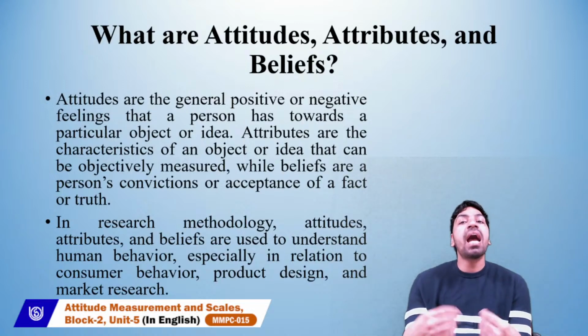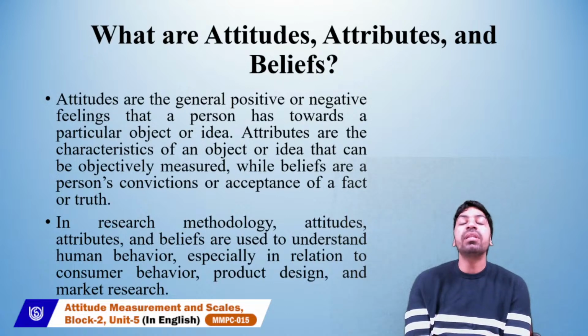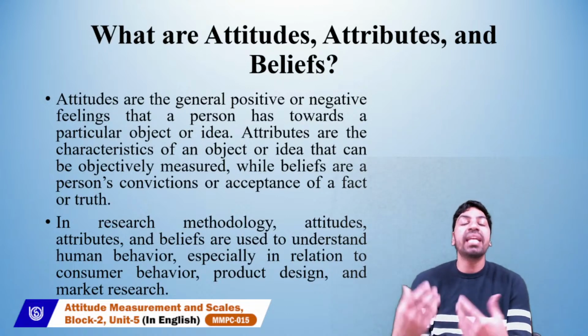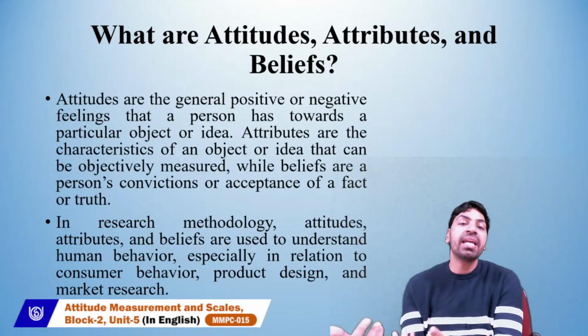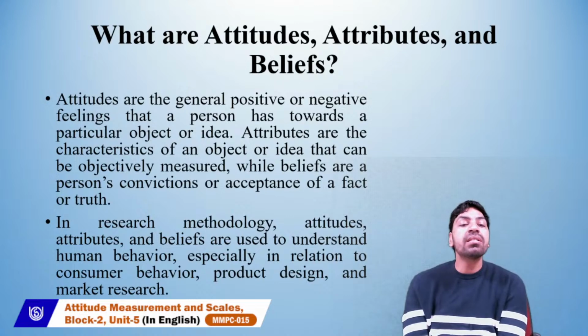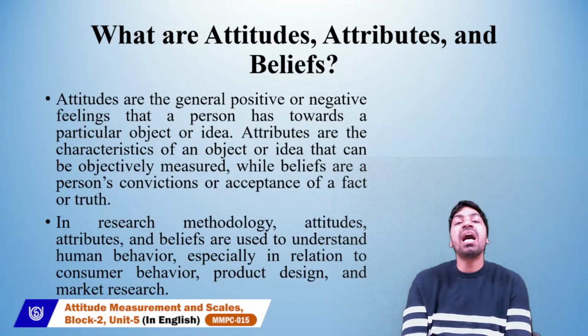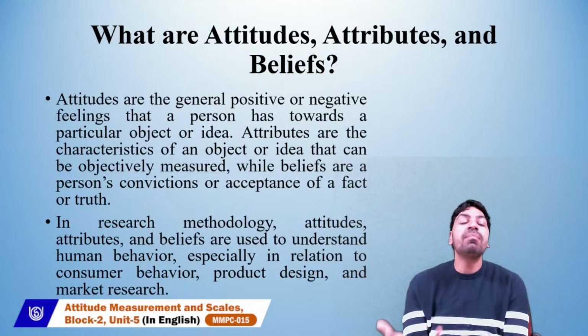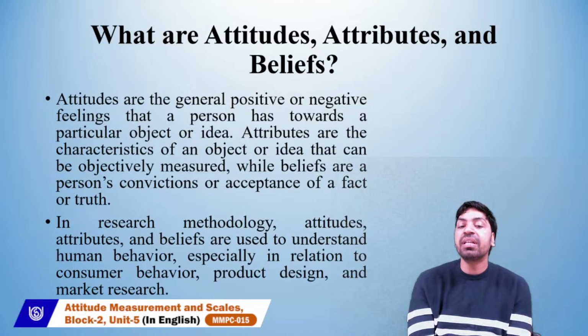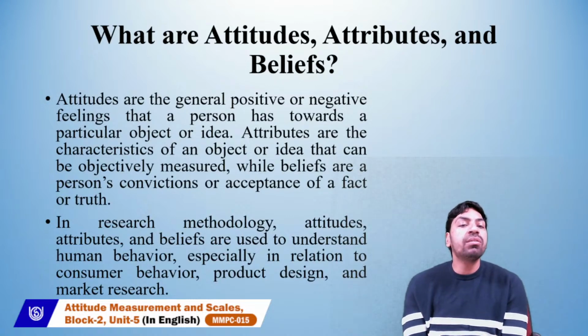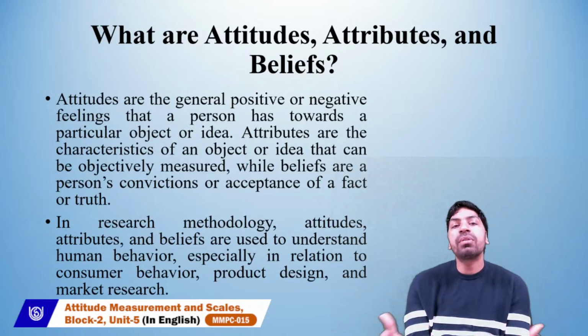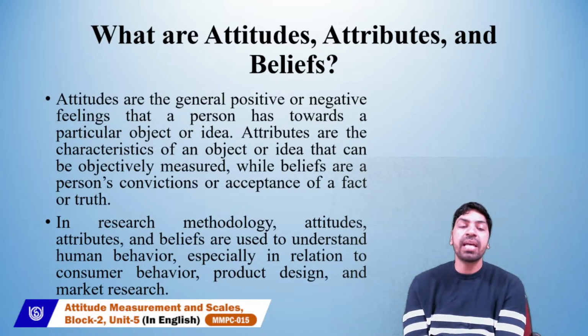With beliefs, we are talking about a person's acceptance of a truth or fact. So we are studying human behavior, especially consumer behavior, product design, and marketing research, which also includes the satisfaction level. That is all about attitudes, attributes, and beliefs.